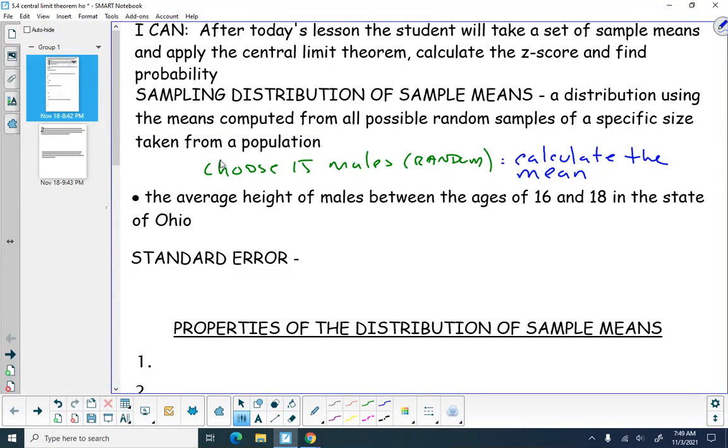And that mean, we send as a data point. That is just one data point.